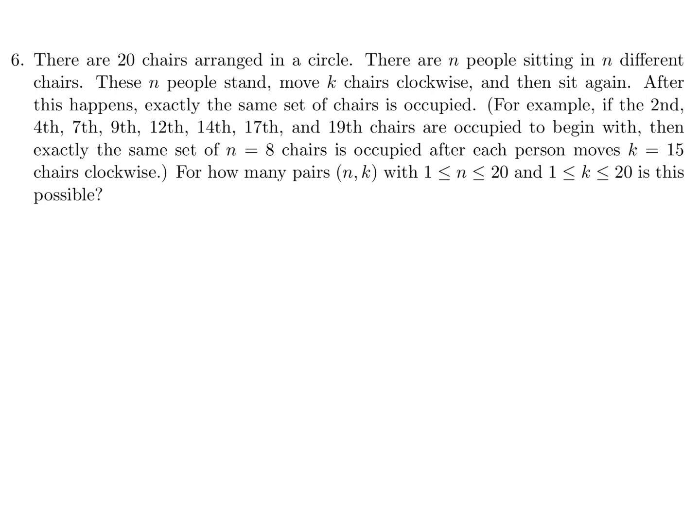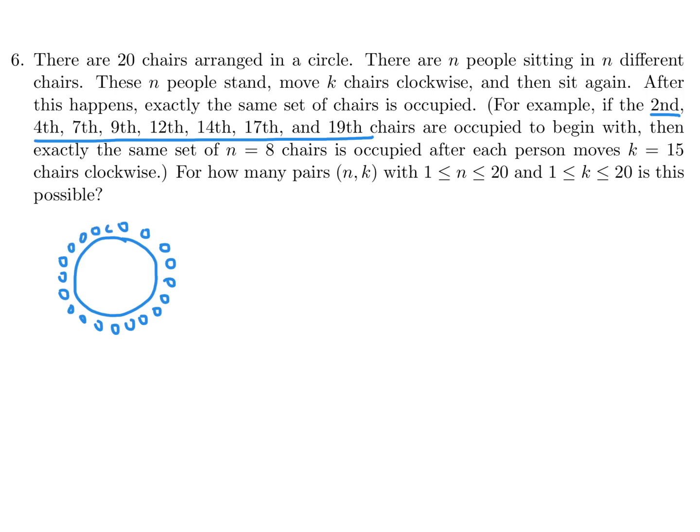All right, so first let's try to understand this question. Let's just understand it with the example that they gave me. So let's say it's a table and they're sitting all around the table, right? So there's 20 chairs, 1, 2, 3, up to 20.